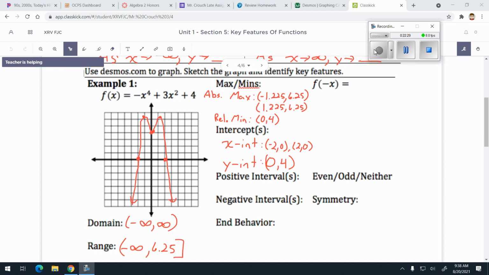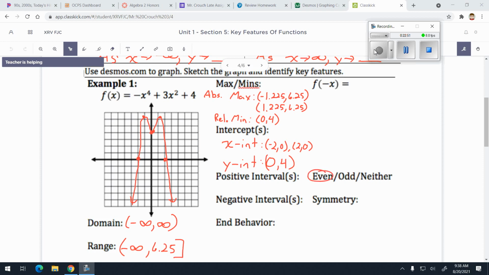All right. Based on looking at this graph slash looking at the equation, what do you expect this to be? Even. Okay? You are right. It is even.